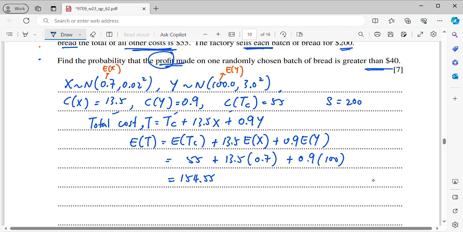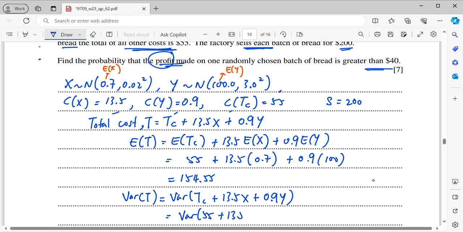Now I need to calculate what is my variance of the cost. So variance of the cost will be variance of these three components. So I will write variance of TC plus 13.5x plus 0.9y. Okay, then from here, variance of TC, TC is the constant, right?